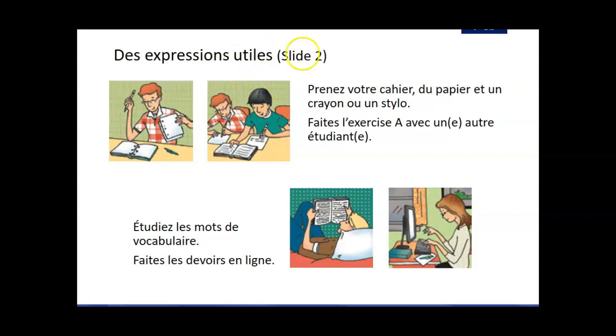So stylo is a pen. So take your notebook, some paper, and a pencil or pen. Prenez votre cahier, du papier, et un crayon ou un stylo. Okay, so the teacher is just asking the students to get ready with something to write with and something to write on.